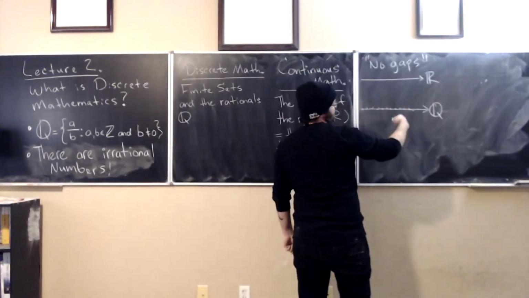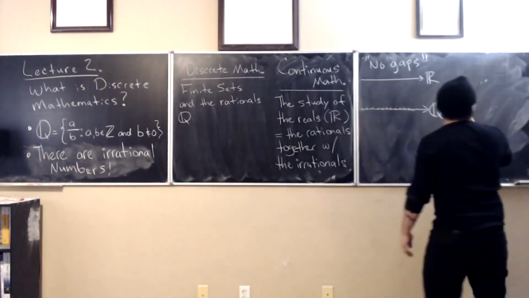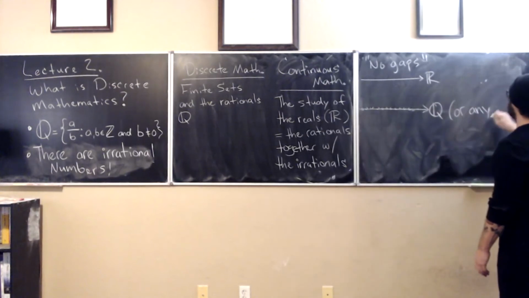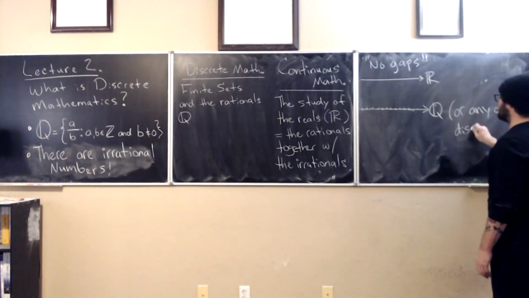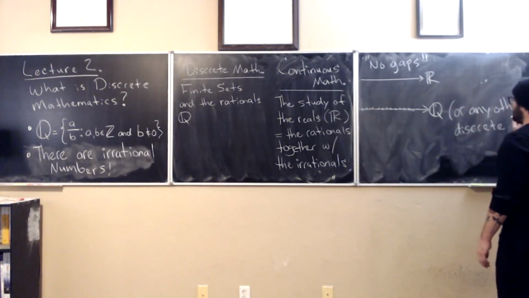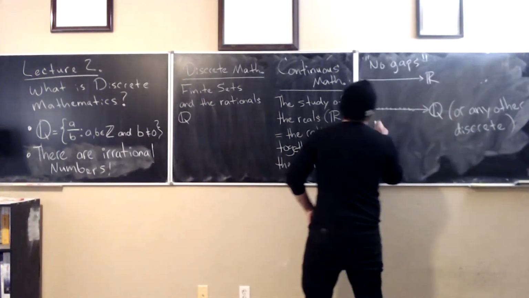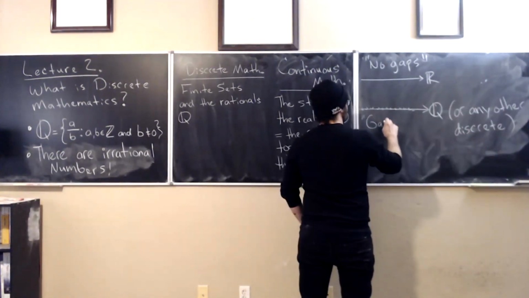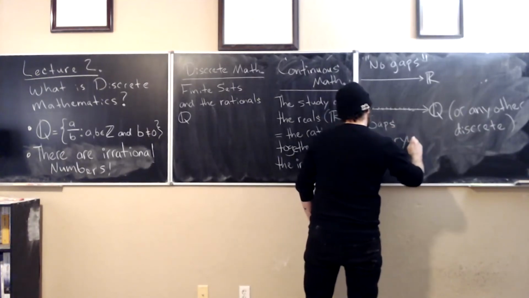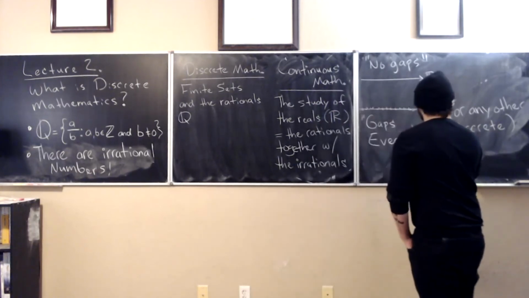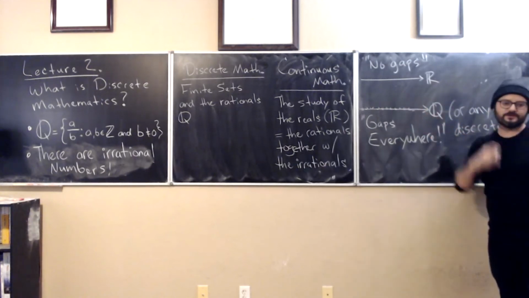So with a discrete set such as the rationals or any other discrete set, and again, when I say discrete set, I mean a finite set or a subset of the rationals, there are gaps everywhere. There's little holes everywhere.